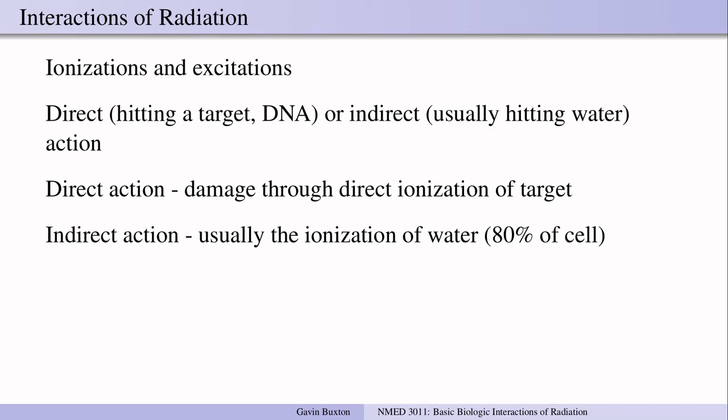That is the most susceptible part of the cell. This is when the radiation comes in and hits, for example, the water. And when it hits the water, which accounts for 80% of the cell, it can create what's called free radicals. And those free radicals then can move around and diffuse around inside the cell and potentially damage those critical targets indirectly. Okay.